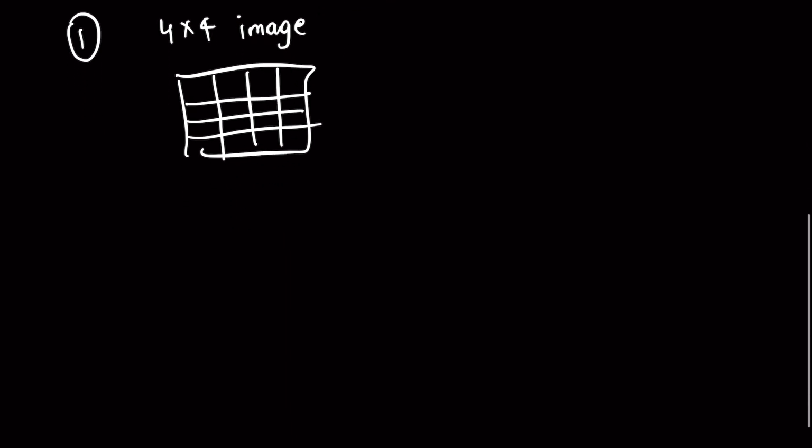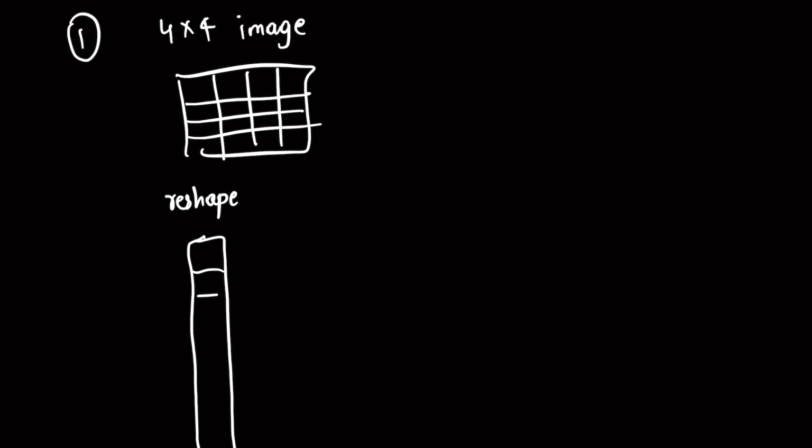So what do we do now? One thing that we can do is push everything to one dimension, or basically reshape it in such a way that we just have a single-dimensional image. When I reshape this, I'll have a very big array with 16 values: x1, x2, x3, and so on up to x16. So this will be my input x.